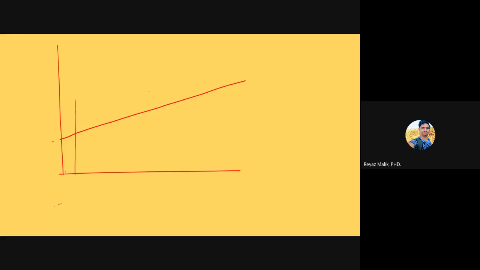This is one point, for example. I will write the next point here, the next point from here, like this, and the next one here.